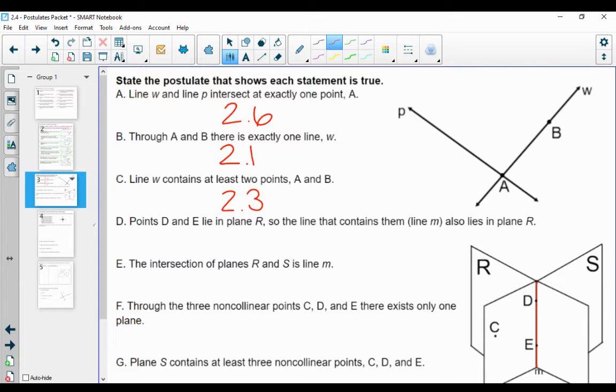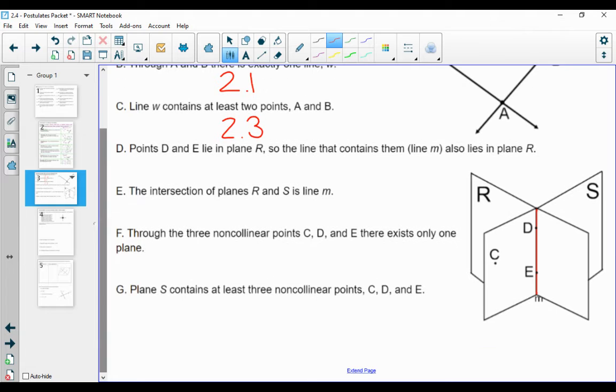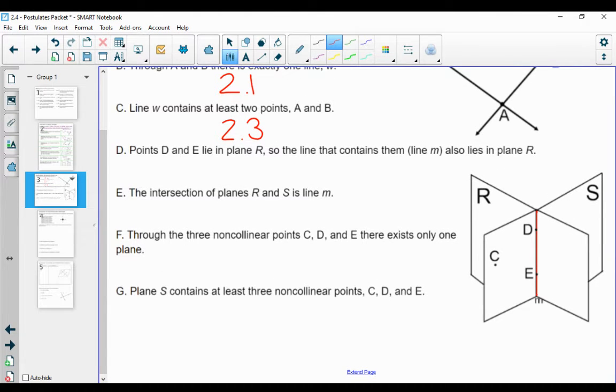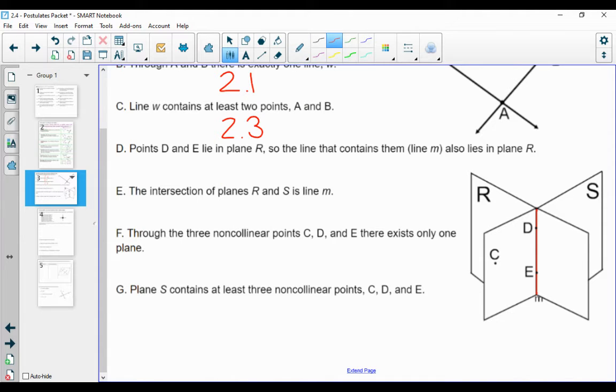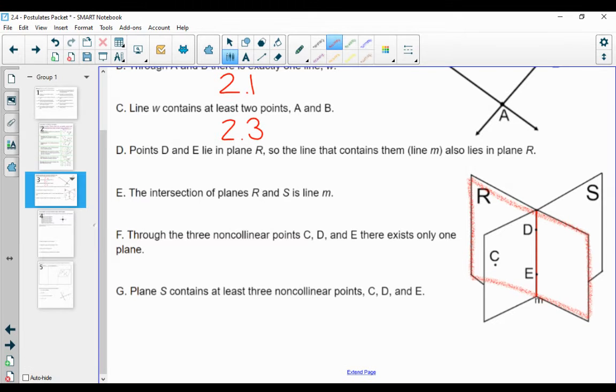Statement D says points D and E lie in plane R, so the line that contains them also lies in plane R. So I'm looking down at this picture. Plane R, I've got two planes overlapping here. So this one is plane R. D and E are inside that plane.